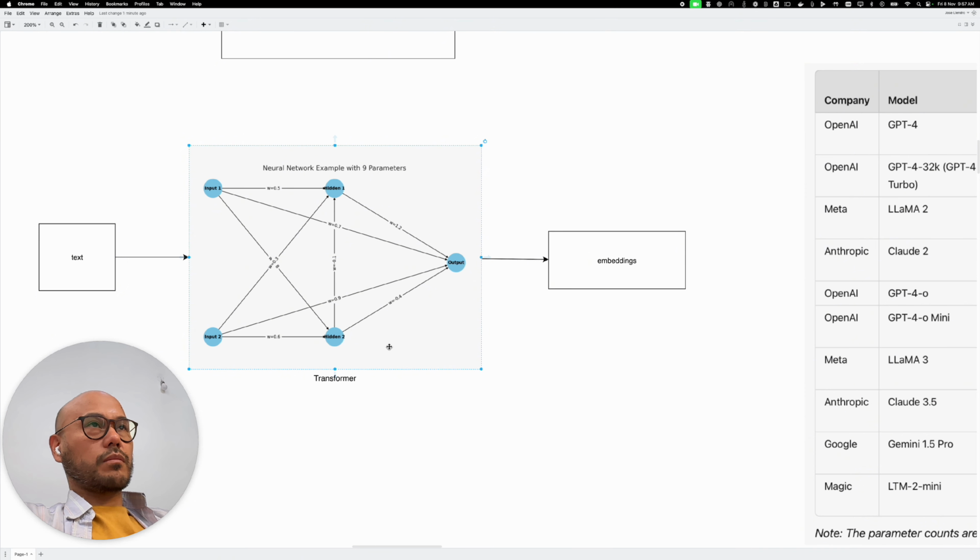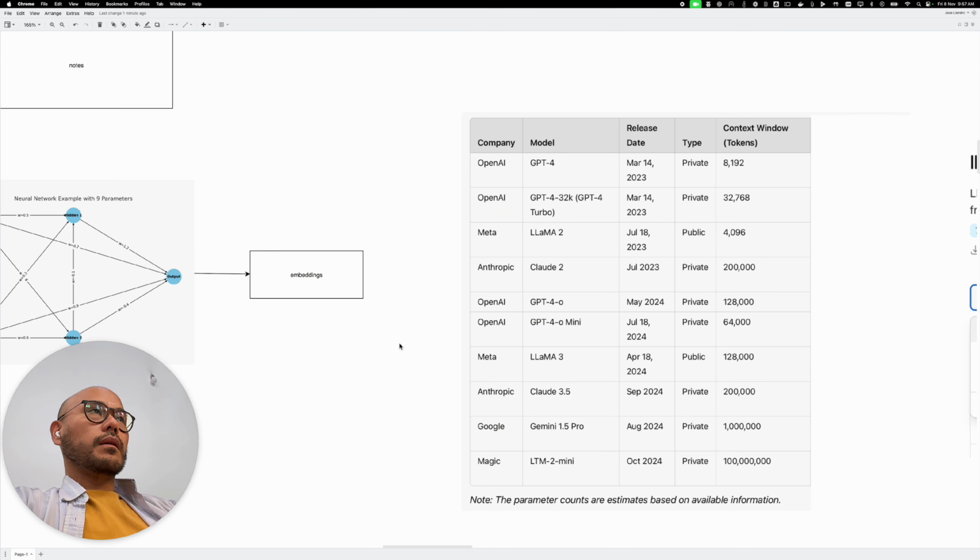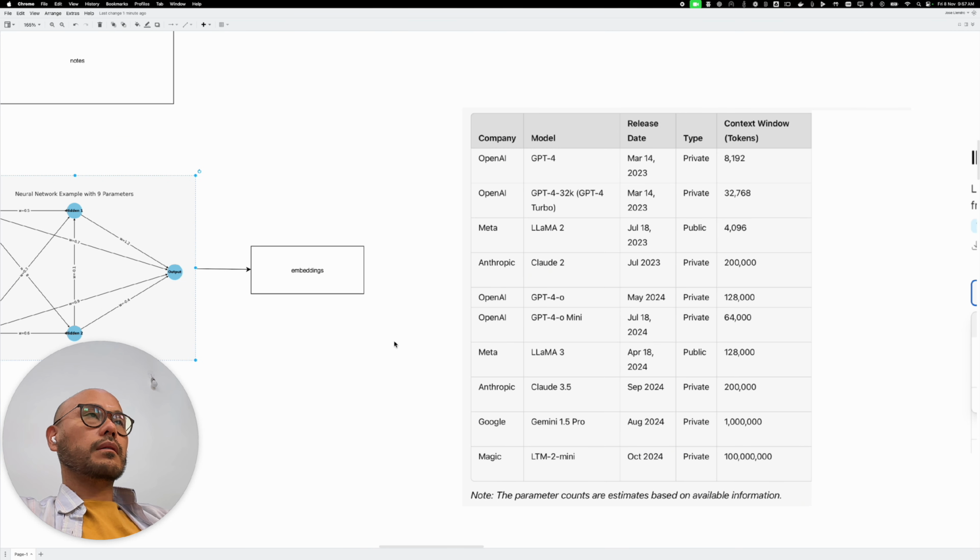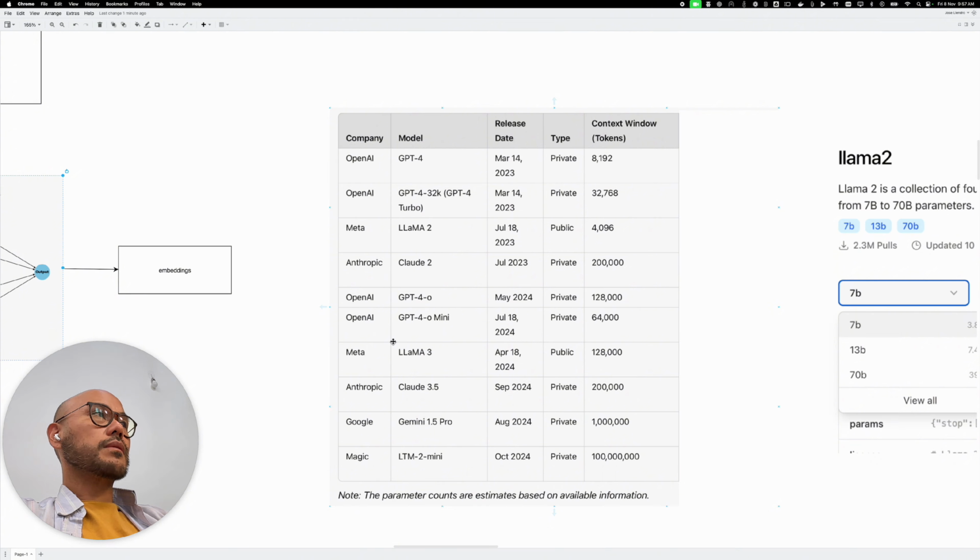So we want to understand when we are talking about parameters and when we are talking about context. In this layer of the LLMs, we have several options, and what I want to show you here is that there are several companies creating their own models. The models can be private or public, so that means that you can download the model or not and run it in your own infrastructure.